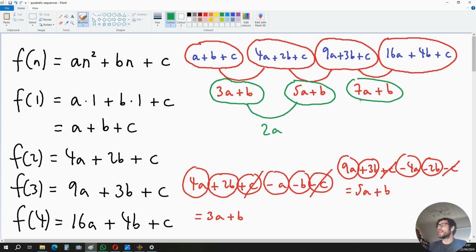And the difference between 7a plus b and 5a plus b is also 2a. That means the differences between the differences are 2a. Now, with all of this information over here, we're going to be able to find the general solution to any quadratic sequence. Now I'm going to show you why.